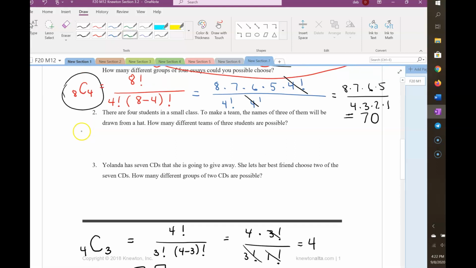Okay, so let's look at this second example. There are 4 students in a small class, and we're going to make teams of 3. So this is the same thing we just did: 4 choose 3.